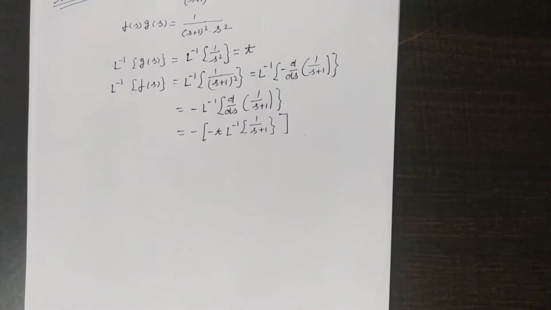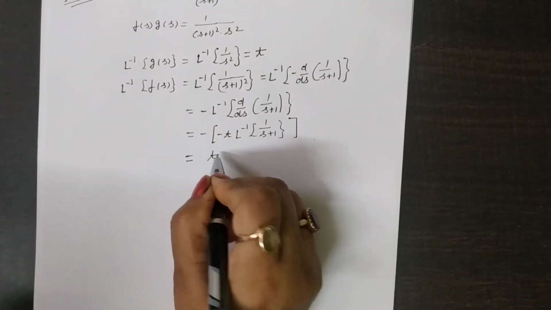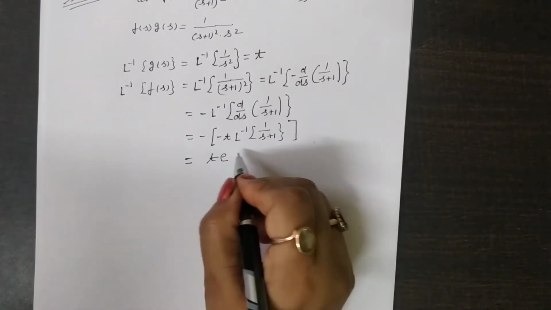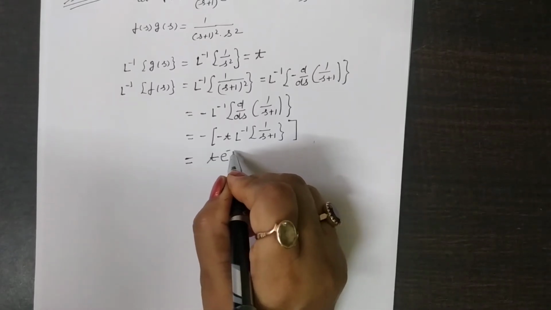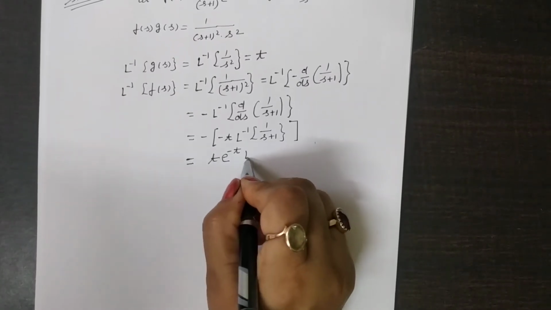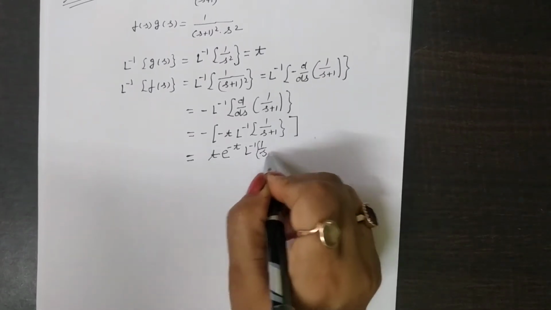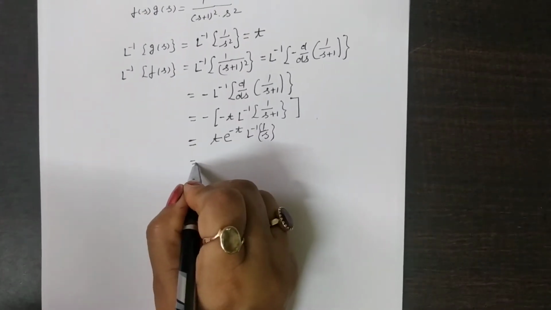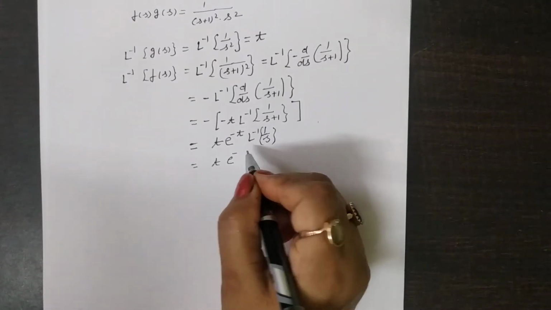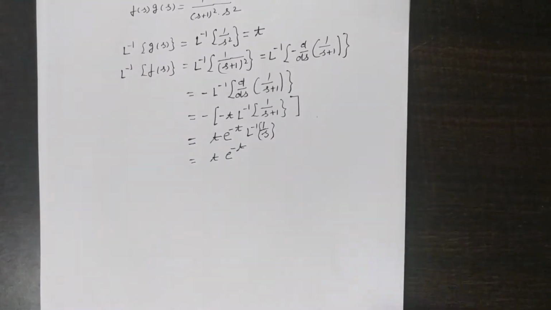So this is equal to plus t e to the power minus t, since the Laplace inverse of 1 by s plus 1 is e to the power minus t.